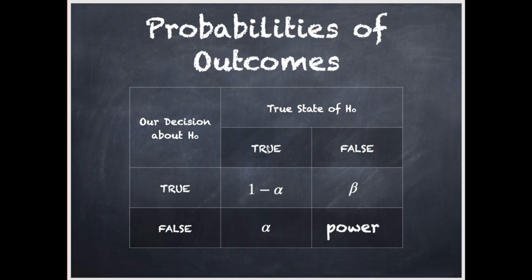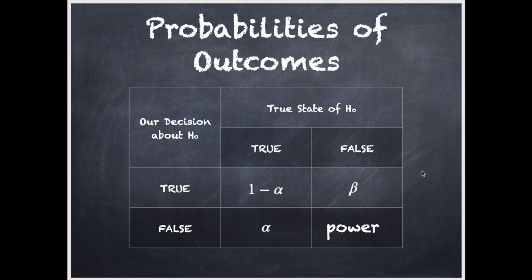And so we see here that the probability of concluding that the null hypothesis is false when in fact it's true is alpha, and the probability of concluding that the null hypothesis is true when in fact it's false is denoted by beta.